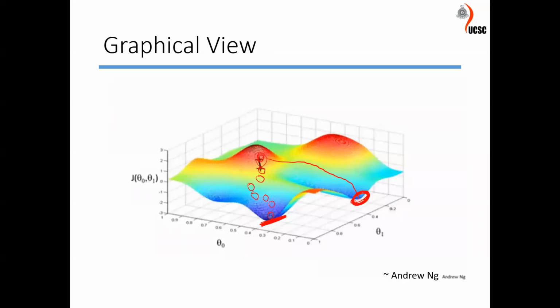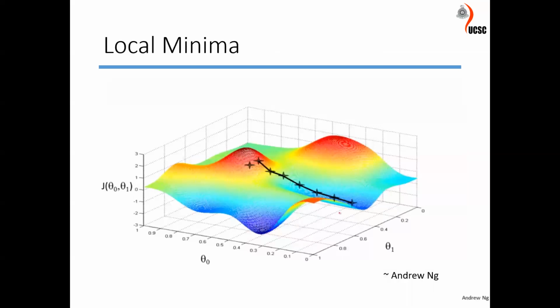You can have a better option if you go in this way, so that basically depends on the training. Either you can end up in a global minimum or a local minimum. You have to make sure you find the global minimum of this cost function. So this is a global minimum and this is a local minimum.